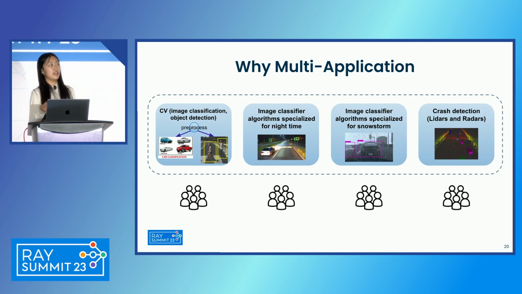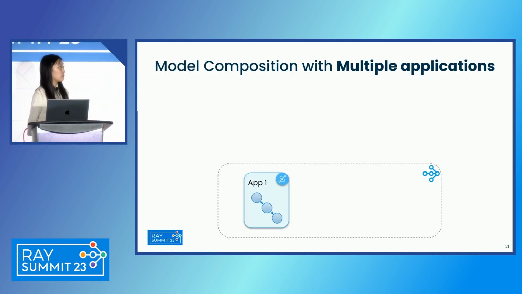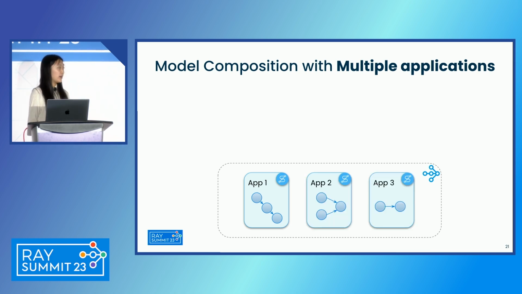You might even need another team just to manage deployments across ML teams and making sure nothing goes wrong during deployment. This is why we added the multi-application feature, which builds on top of model composition. So your application can still have models composed together, but now you can have multiple applications living on your same Ray cluster.